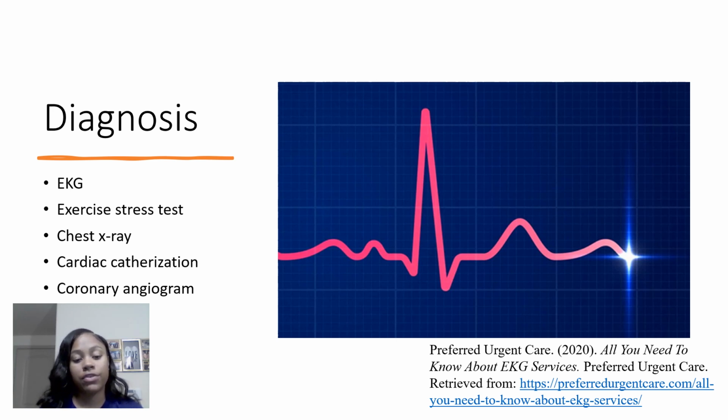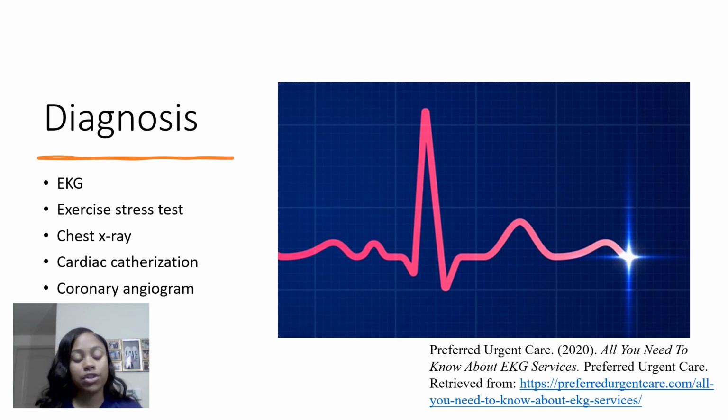A cardiac catheterization is where they look inside of your arteries for a blockage. They insert a thin flexible tube either in the arm, the neck, or the groin, and they guide it to the heart, and they just see if you have any blockages leading to the heart. And then the last one is a coronary angiogram.